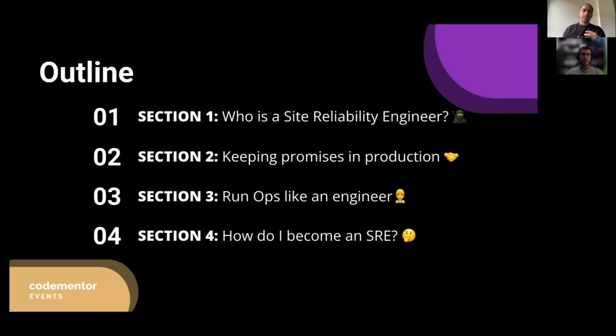This is the outline of what we're going to be covering today. We're going to start with a very broad overview of what SRE is, who is an SRE, and what the world of infra looks like. We then move on to what exactly SREs do, and promises, which are basically the bane of all SREs' problems and their existence.